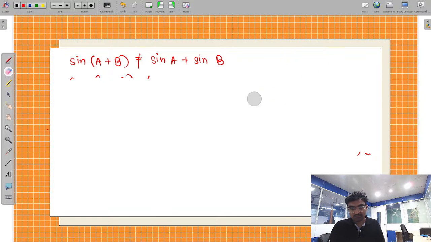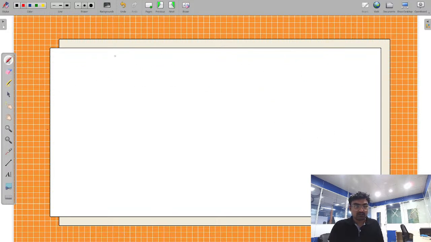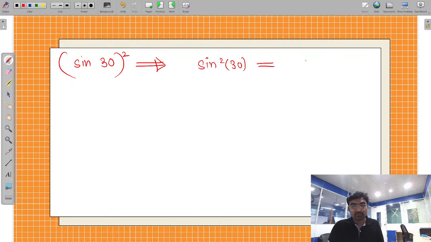Now let's try some examples. One more thing is there. If it's written sine 30 bracket square, how do we write it? We write it as sine square of 30, right? And this will mean the value of sine 30.